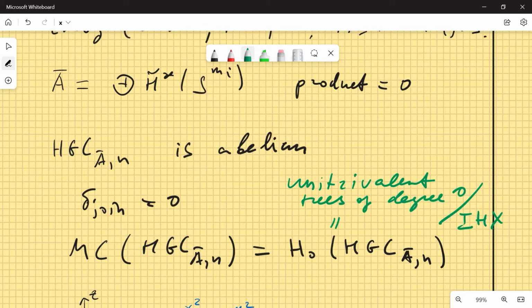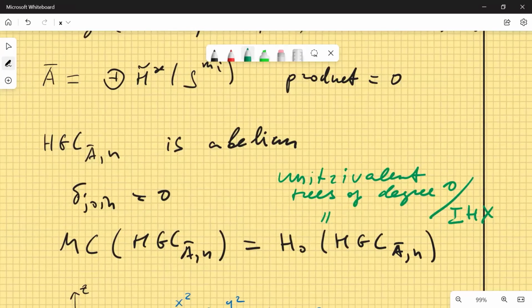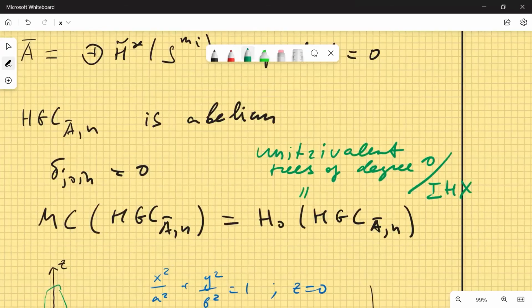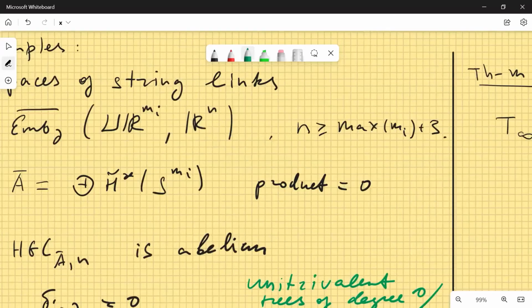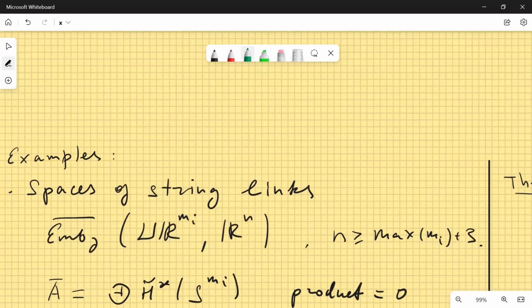It's quite interesting that, thanks to Haefliger, we actually have a description, at least rationally, of this group, a group of embeddings of string links. So let me state this statement here. This is really a statement due to Haefliger from the 60s.